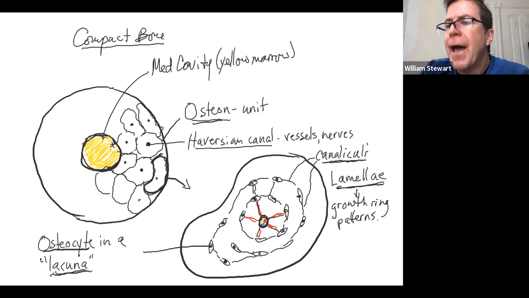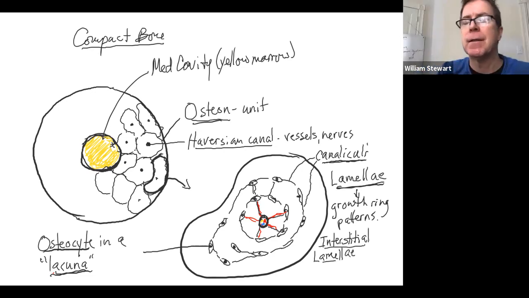The last term I'm going to write is interstitial lamellae. We know what lamellae are. They're patterns of growth ring of compact bone. Interstitial lamellae just means this.